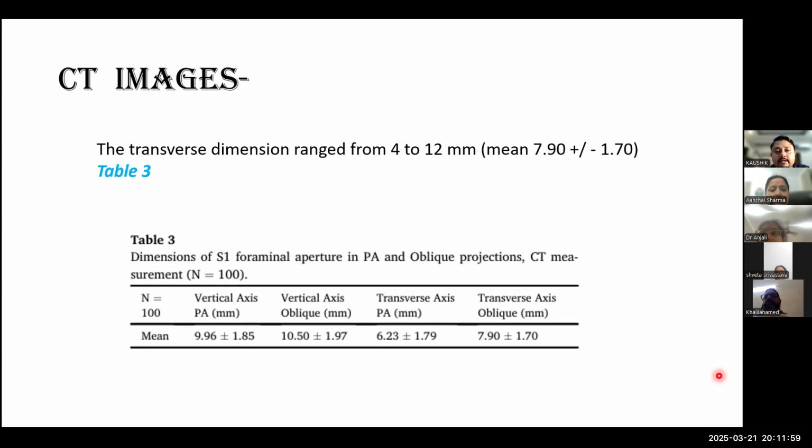From the CT reconstructed images, they have taken the values for the dimension of the S1 foraminal aperture in both PA and oblique views and have seen that the dimensions range from 4 to 12 millimeter.